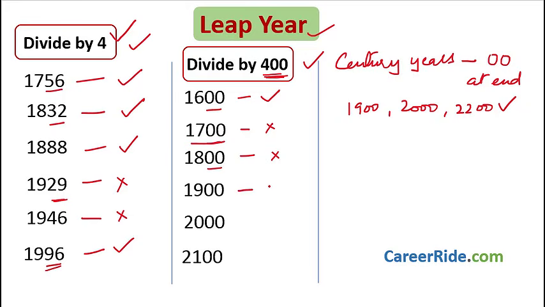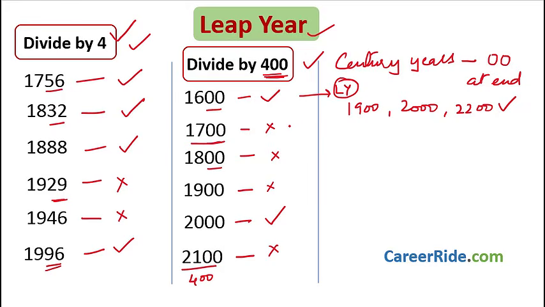1900, completely divisible by 400? No, it is not. So not a leap year. 2000, completely divisible by 400? Yes, it is. So it is a leap year. What happens to 2100? 2100 divided by 400? No, it is not a leap year. So do you see a pattern emerging here? The 1600 here was a leap year, right?